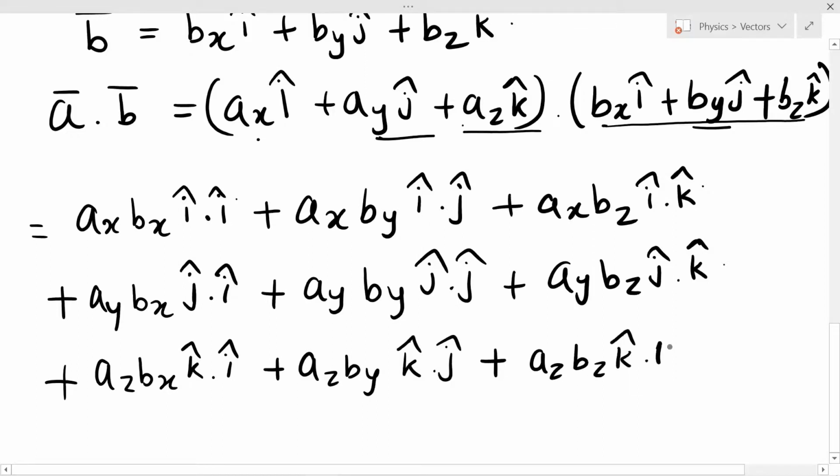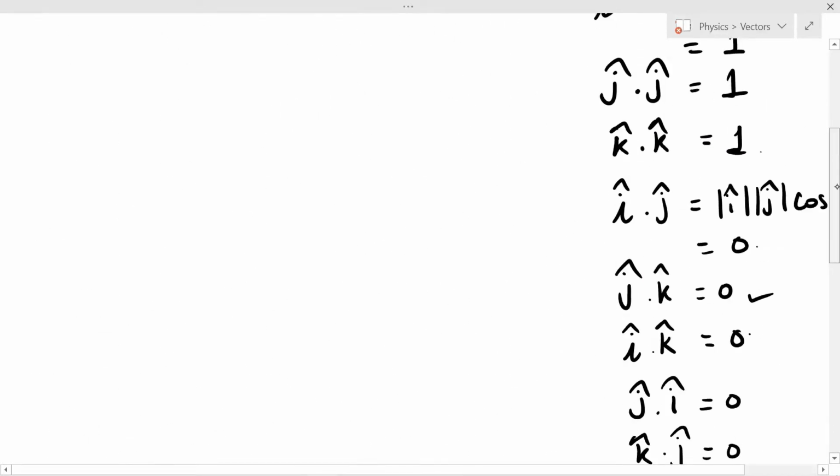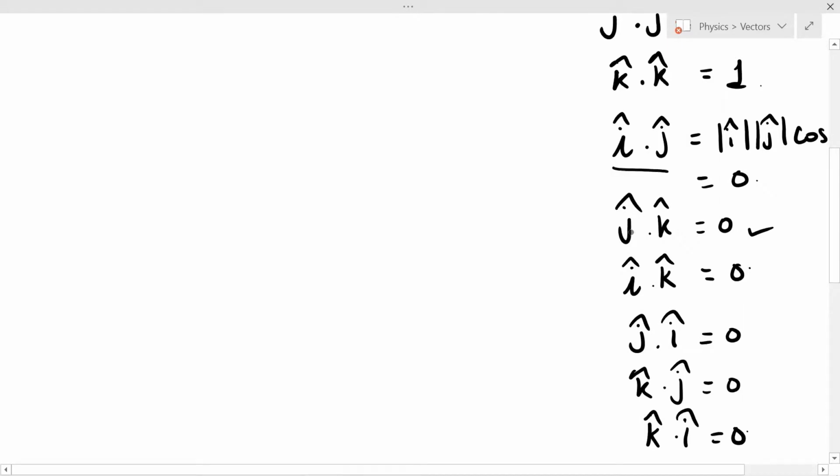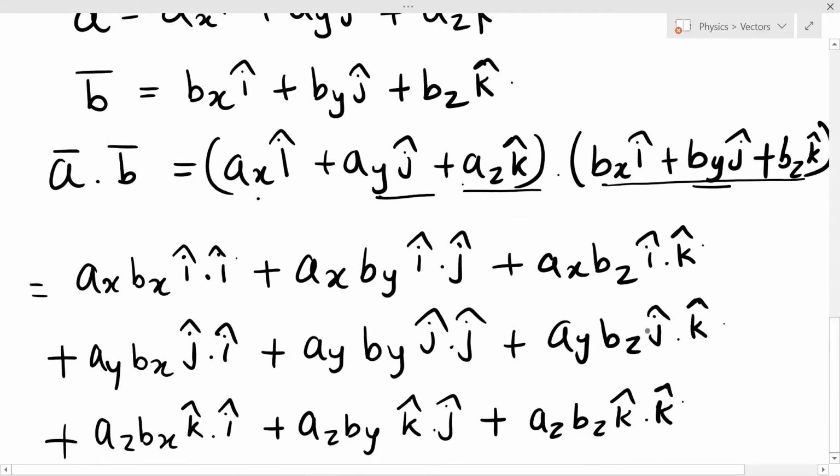Now we have seen that the dot product between two dissimilar unit vectors, that is I cap dot j cap, I cap dot k cap, is 0. So what are the dissimilar vectors here? I cap dot j cap, I cap dot k cap, j cap dot I cap, j cap dot k cap.